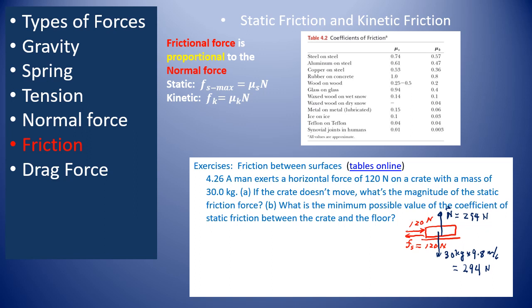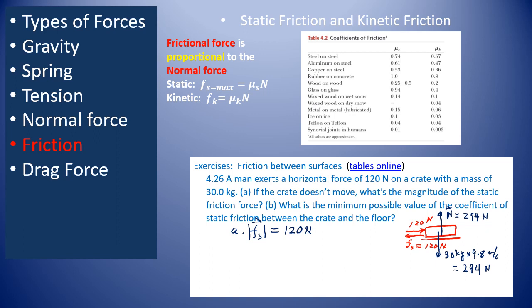Then, what is the magnitude of the static friction force? The answer, obviously, since it's not moving, is static friction. It's a vector against the applied force, with the same magnitude, 100 newtons.